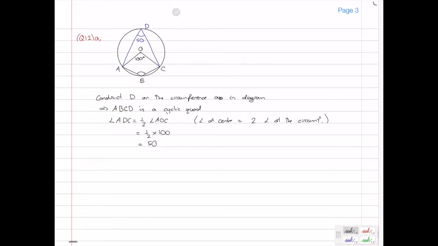And now we can work out what angle ABC is, because ABC and ADC are supplementary. The reason they add to 180 degrees is because they're opposite angles in a cyclic quadrilateral.